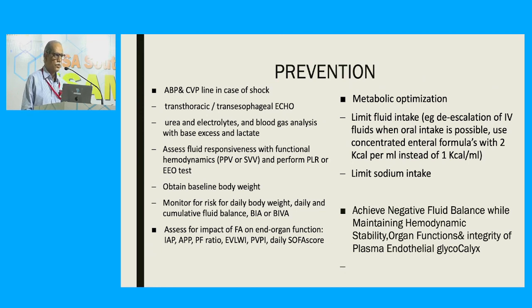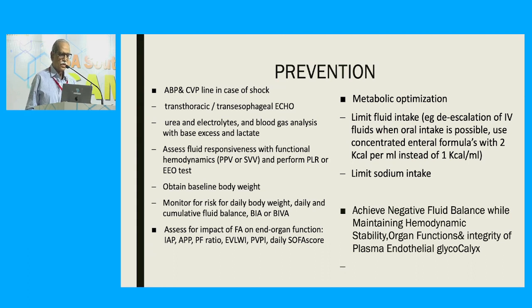I think that was told to you in the previous lecture by Dr. SGN. You look at the functional hemodynamics, the PPV or SVV, and perform a passive leg raising or end-expiratory occlusion test. Obtain a baseline body weight, monitor for risk of daily body weight gain, daily and cumulative fluid balance, and estimate the electrical impedance.